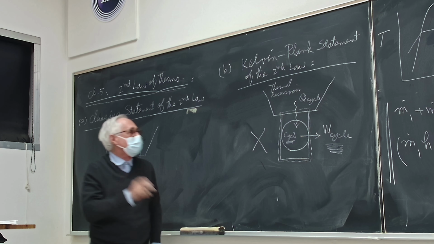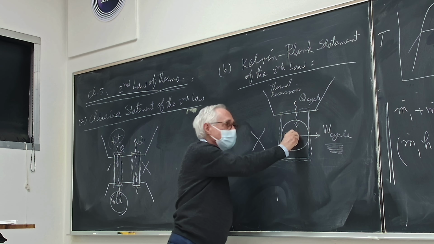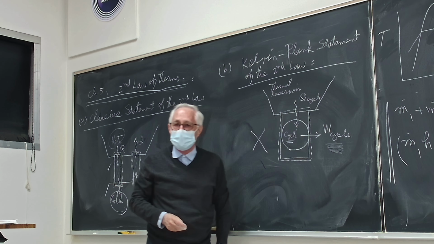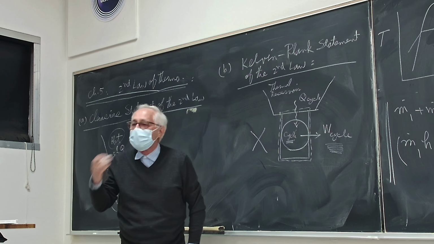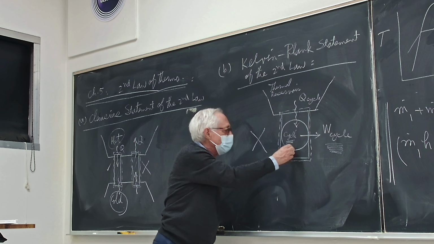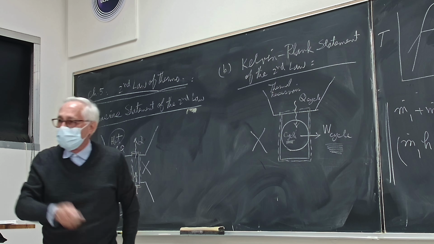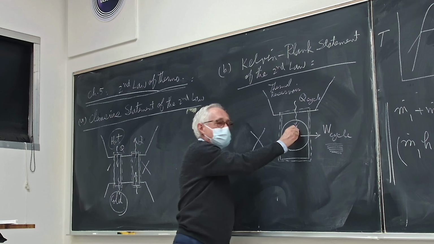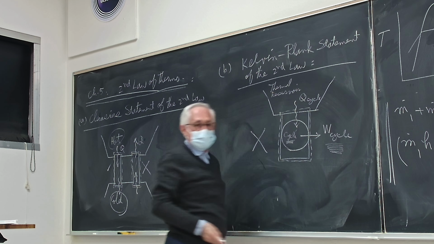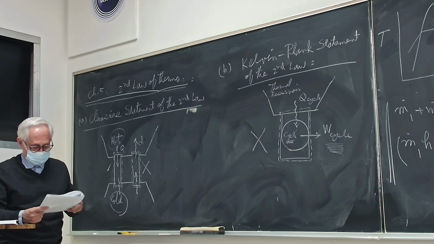What does that mean? It means that it's impossible to bring heat in and get work out. There must be another thing involved here. And now you see why I must get some heat out for the system to work. So remember, just heat into the cycle and work out, impossible. That's the Kelvin-Planck statement.